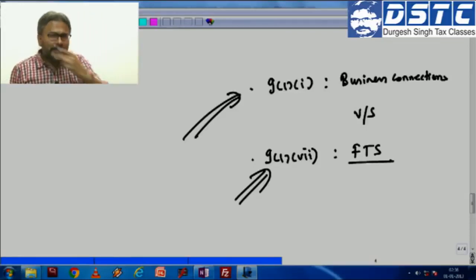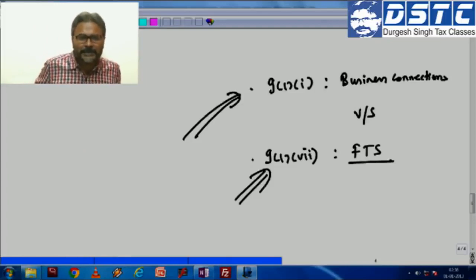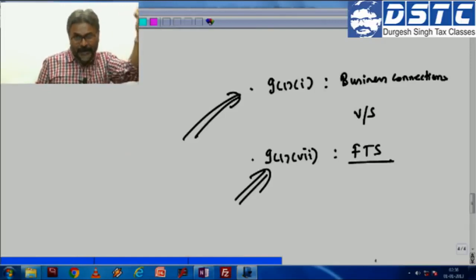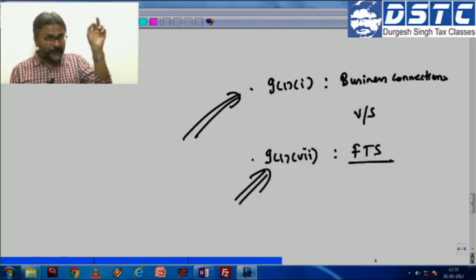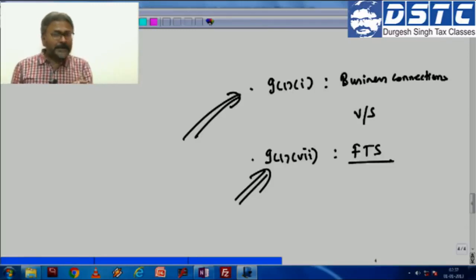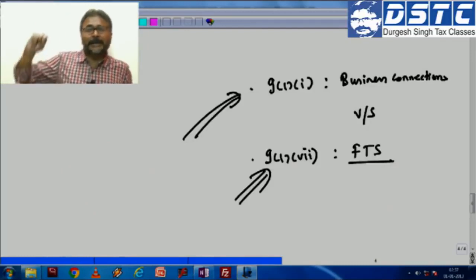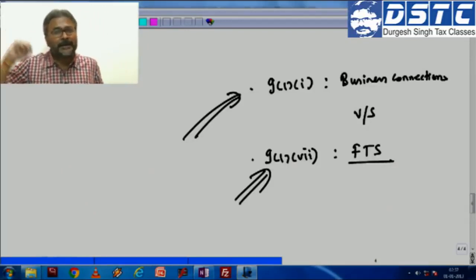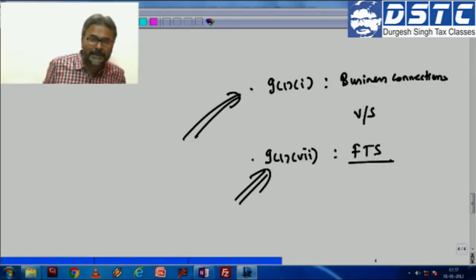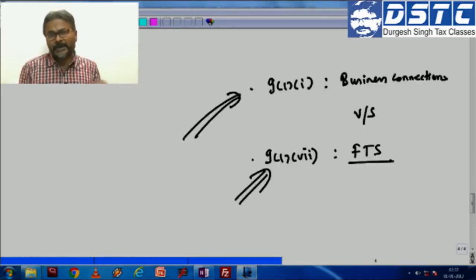Resident country, meaning thereby, it's the home country. Whereas, as per the treaty, if it is in the nature of an FTS, then even the source country, which is India, can impose a tax.